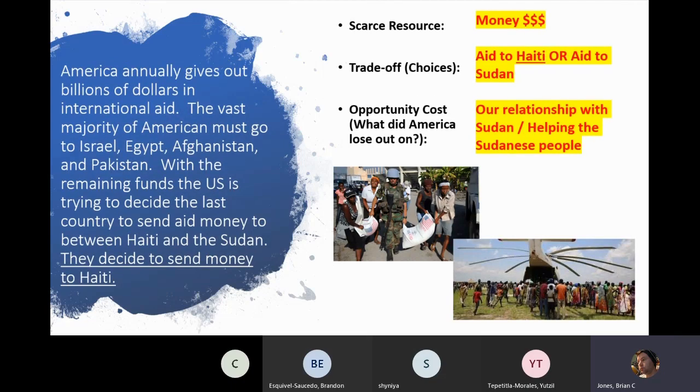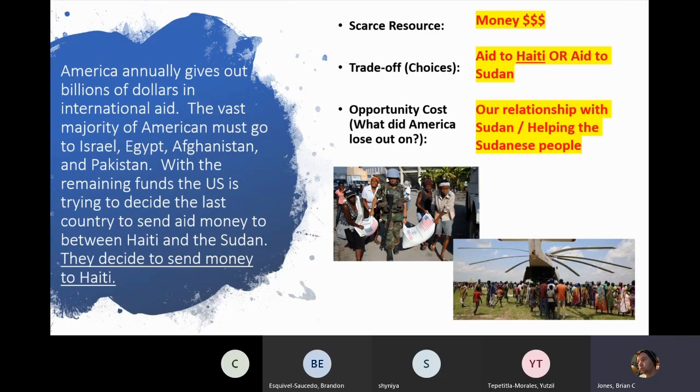All right. Scenario 3. America annually gives out billions of dollars in international aid. The vast majority of American aid must go to Israel, Egypt, Afghanistan, and Pakistan. With the remaining funds, the U.S. is trying to decide the last country to send aid money to between Haiti and Sudan. They decide to send money to Haiti.